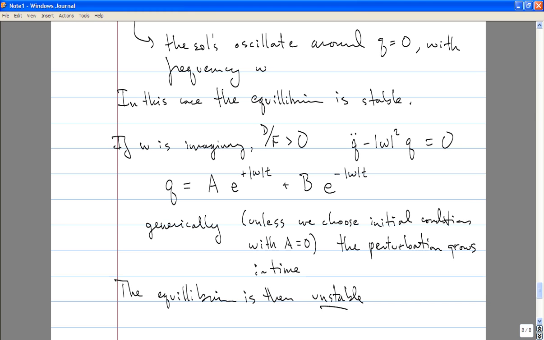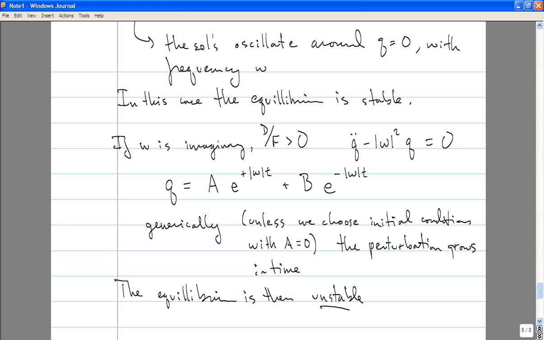So I would like to emphasize something here. When you encountered oscillators in your freshman physics classes, you probably talked a lot about masses on springs. And masses on springs are fine. I have no problem with masses on springs.